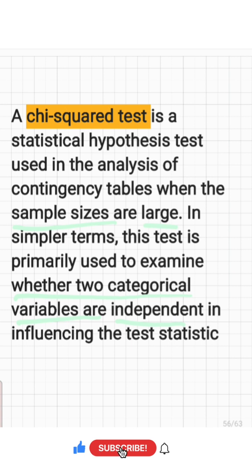And the chi-square test is a statistical hypothesis test used in the analysis of contingency tables when the sample sizes are large. This test is primarily used to examine whether two categorical variables are independent in influencing the test statistic.